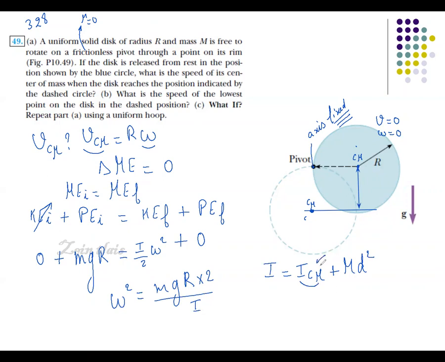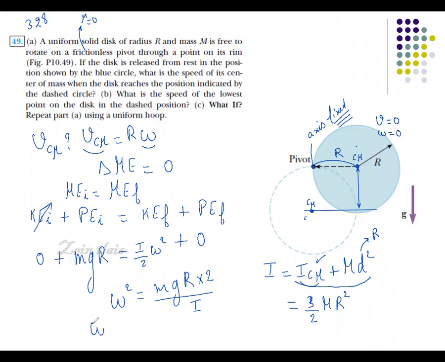ICM is given, and D is the distance between the center of mass and the axis, which is equal to R. I can give you ICM, or I can give you the total value of ICM plus MD squared, which is equal to 3/2 MR squared. This is the summation of ICM and MD squared.